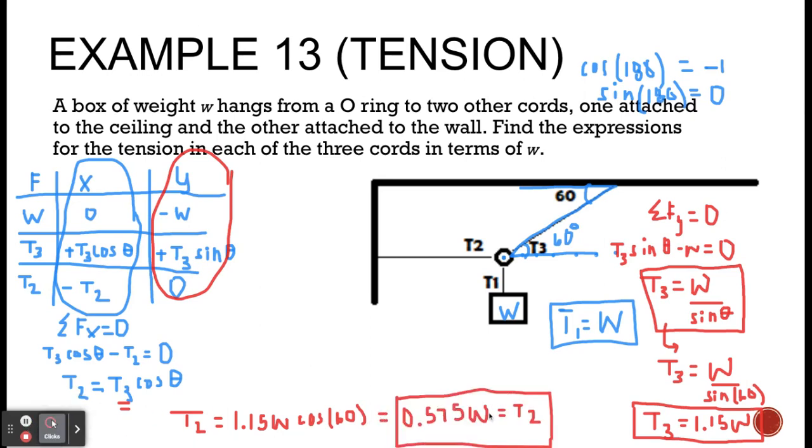Okay, our final answer here, we have T2 is equal to 0.575 W. So T1 is equal to the weight of the object, T2 is about half of the object's weight, and T3 is 1.15 times the object's weight. So we have expressions for T1, 2, and 3 in terms of just W.